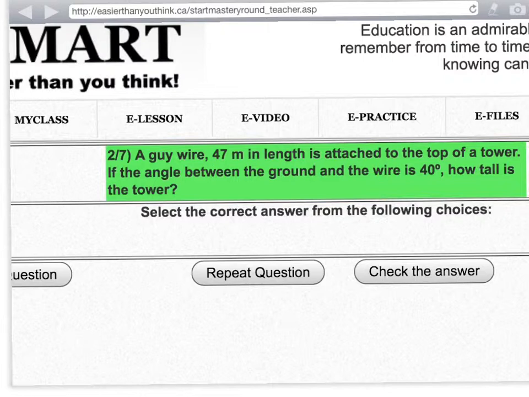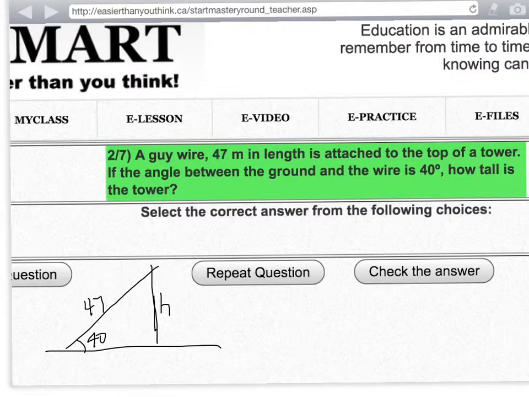Okay, now let's see how this one is done. We have a wire which is 47 meters. So this is my building, this is my wire, this is the ground, this is the angle which is 40 degrees. I know the wire is 47 meters. I have to find h, which is the height of the building.